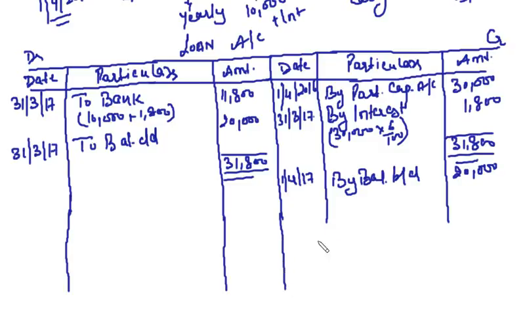Now you have a balance in the loan account as 20,000. Now you come to the end of the year, that is 31st March 2018. 1 year has elapsed, 1/4/17 to 31/3/18. Now the date comes when your interest liability of the continuing partners arises. How much will be the interest?